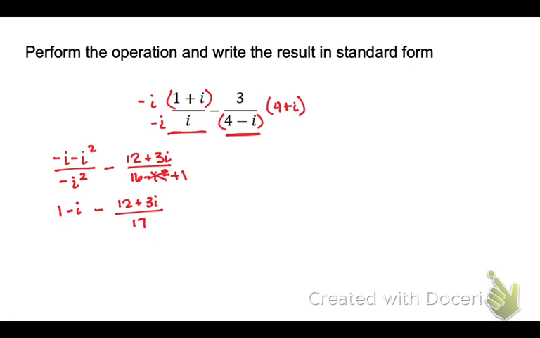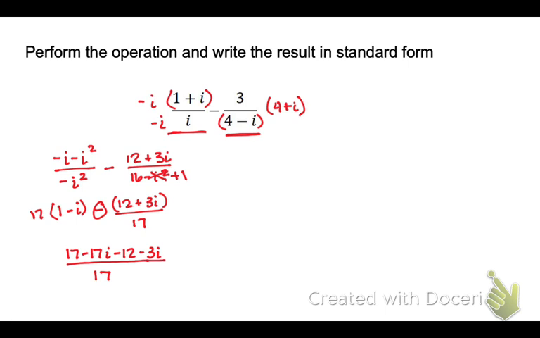So now my common denominator is what? 17. So I have to multiply this whole thing by 17 and this whole thing by negative 1, yes? Okay, so I get 17 minus 17i minus 12 minus 3i.